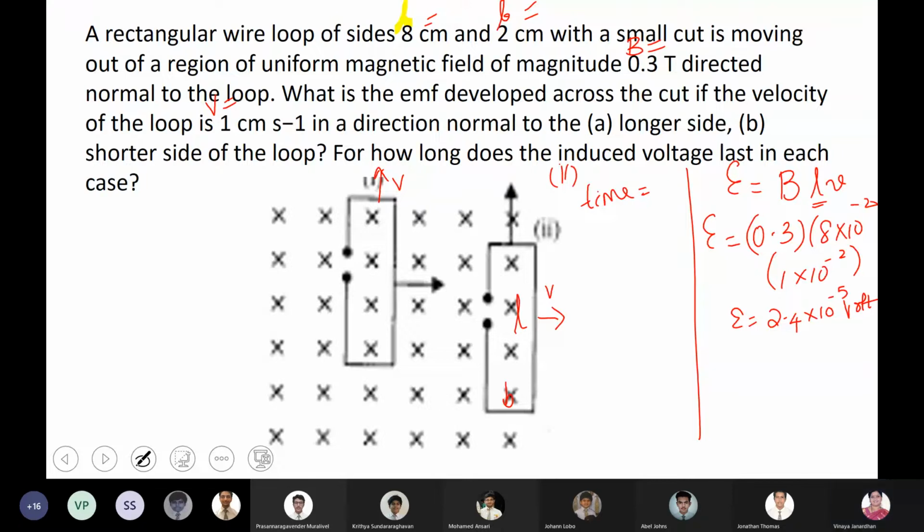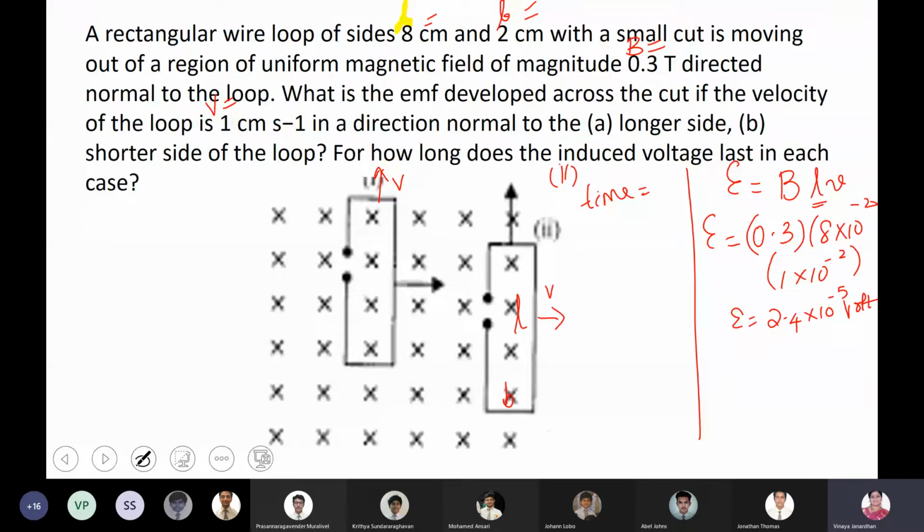Ma'am, it has to be a constant velocity. A constant velocity, field uniform. So when the coil is entering the field or leaving the field, only then will the flux linked with the coil change and EMF be induced. If the coil is moving well within the field, there is no change in flux, so no EMF is induced.